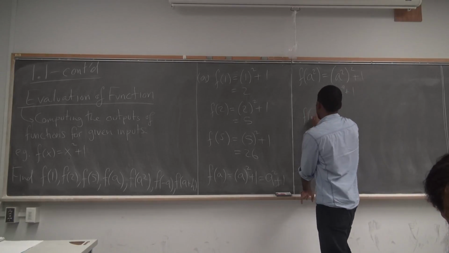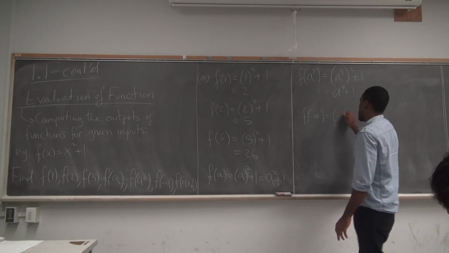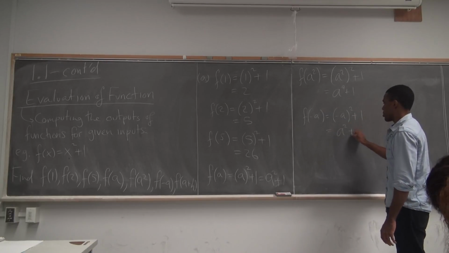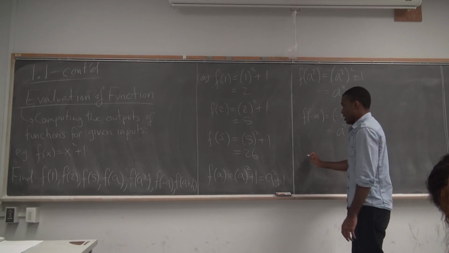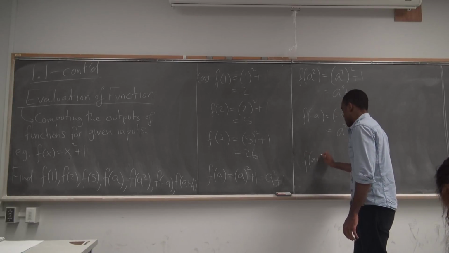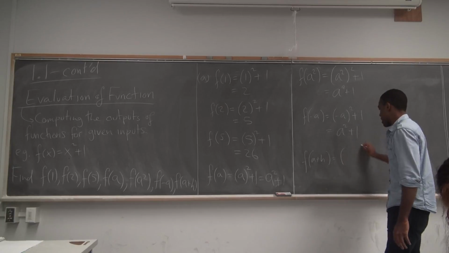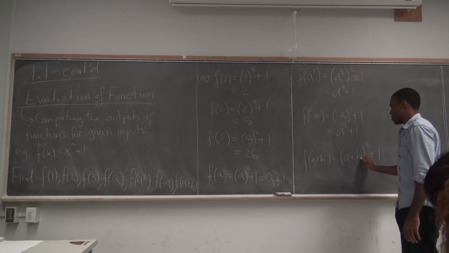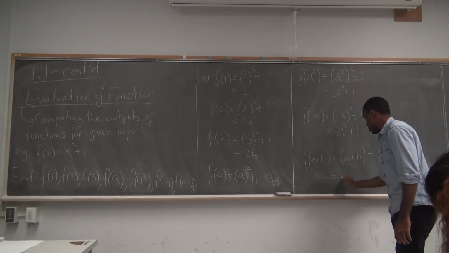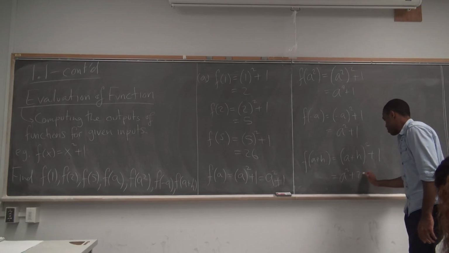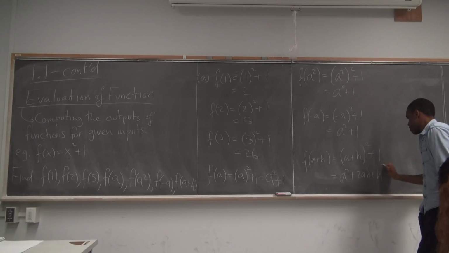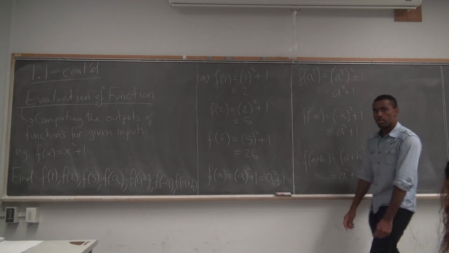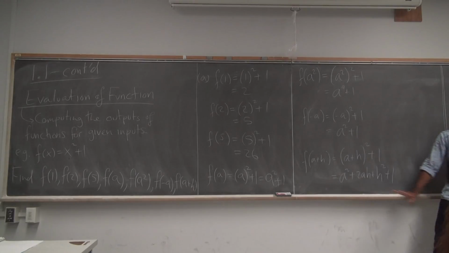And f of minus a, that means I open brackets, I put in minus a. Basically gives me a squared plus 1. If I have f of a plus h, it means I open brackets where the x was, and I plug in a plus h. So that would give me a squared plus 2ah plus h squared plus 1. Questions so far? You're okay?